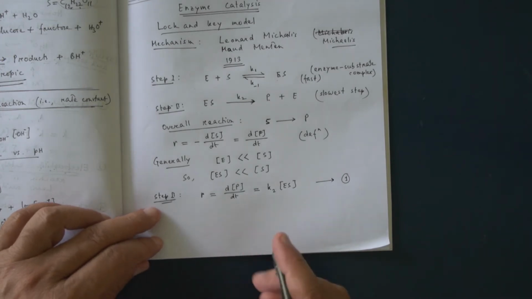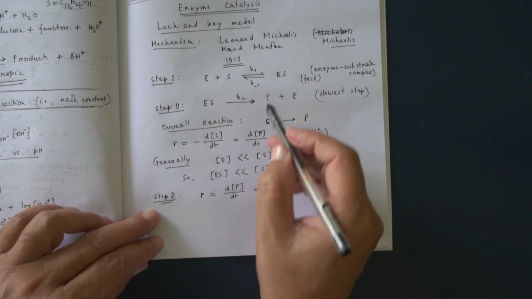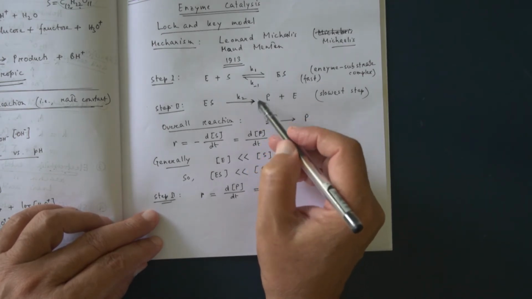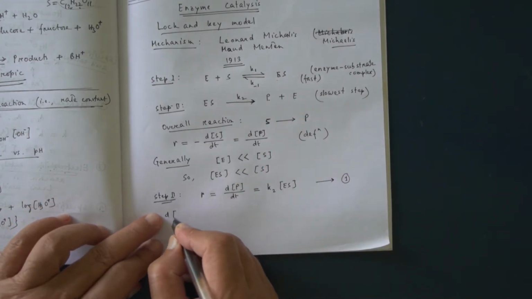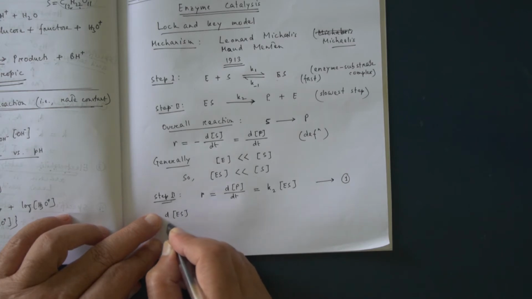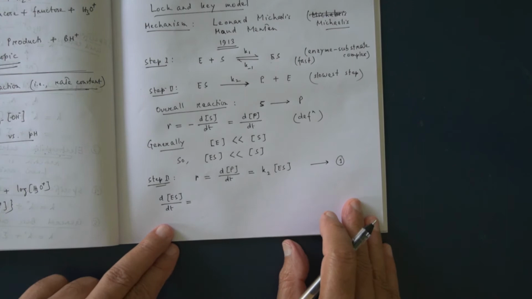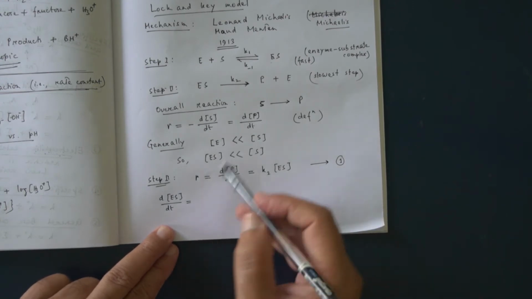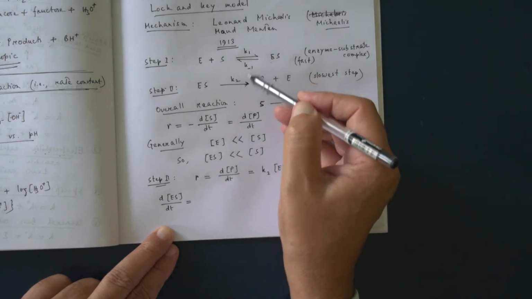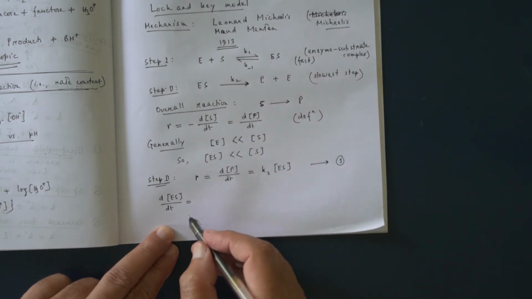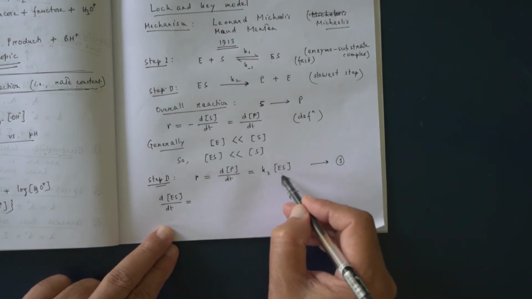Now from these three steps, we can write d[ES]/dt. You have already learned how to write this.